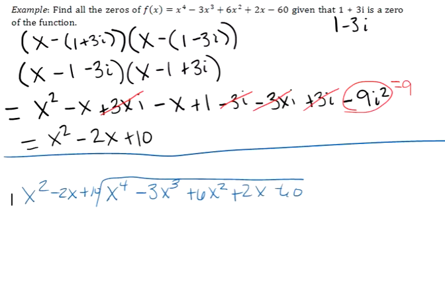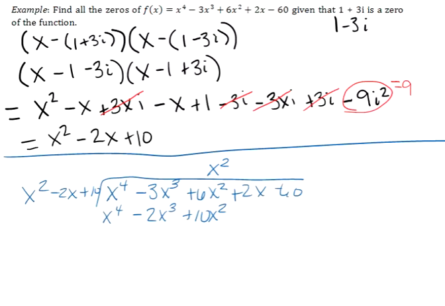So x squared goes into the x to the fourth, x squared times x squared ends up giving us x to the fourth. x squared times negative 2x gives us minus 2x to the third. And x squared times 10 gives us plus 10x squared.